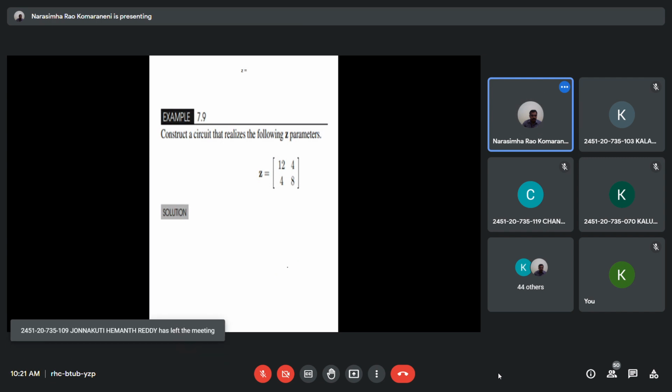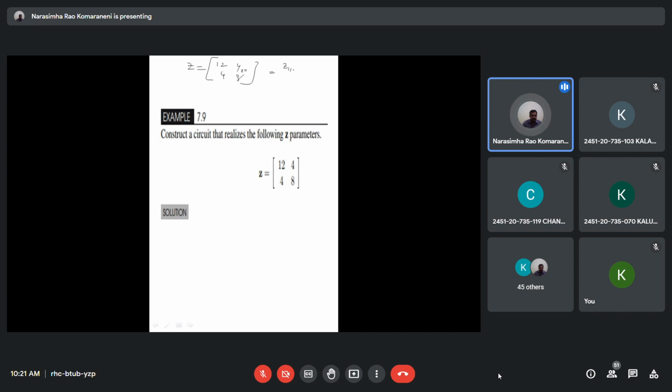Next one. Construct a circuit that realizes the following Z parameters. Students, here the Z parameters values are given, that is Z equal to 12, 4, 4, 8. That means Z11 value is given, Z12 value is given, Z21 value is given, and these parameters are given.